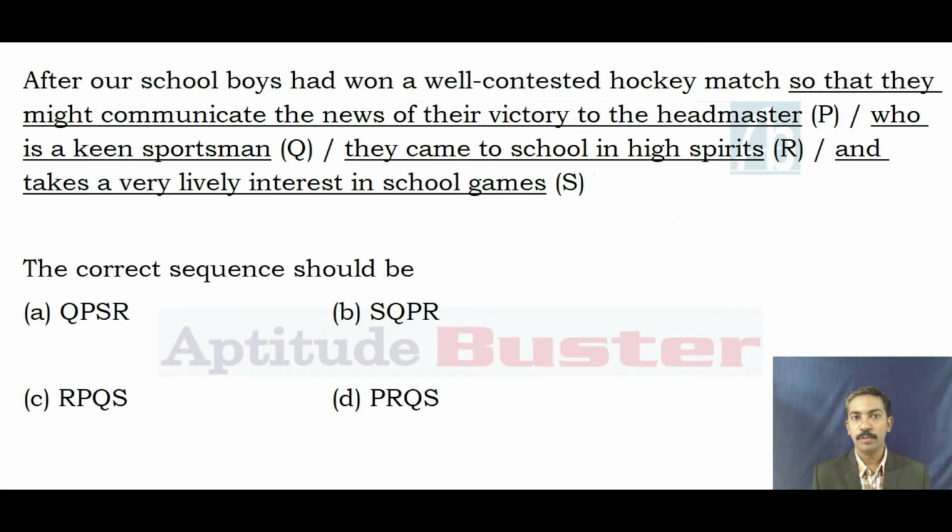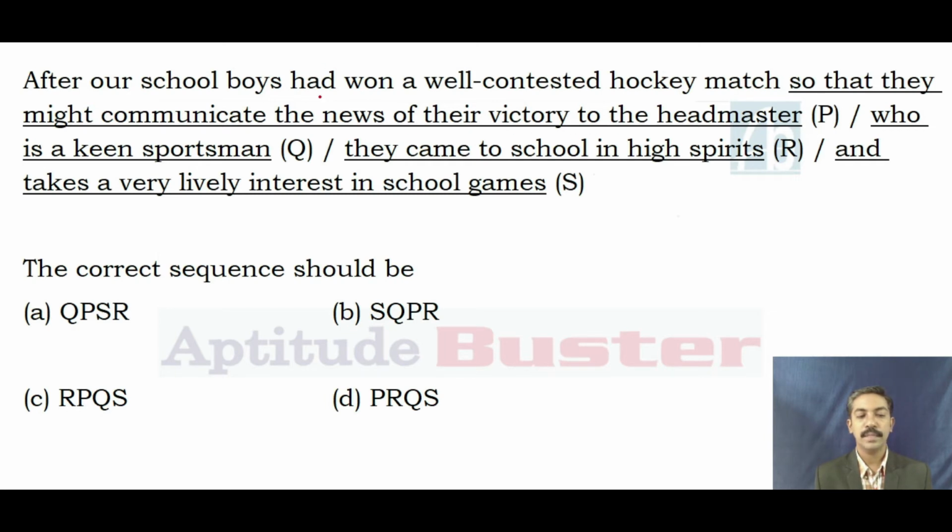Yes, even while you read the sentence, you do agree that this sentence is quite challenging. But on the other hand, if you look for clues, there is a clue which is glaring in your eyes. Look at the P segment. So that they might communicate the news of their victory to the headmaster.